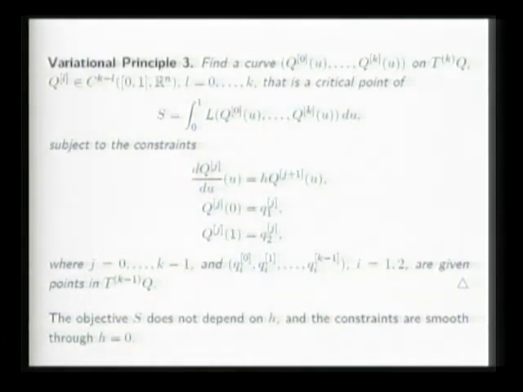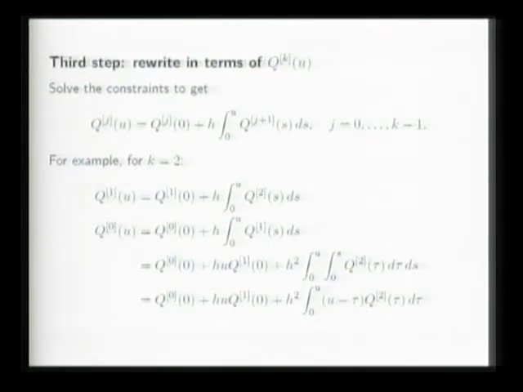So now we're going to integrate this. If the derivative of qj is this one, you just integrate to get qj is the initial value plus h times this. And you can iterate. For example, for k equal to 2, you have q1 is q1(0) plus h times the integral of q2. q0 you obtain by integrating q1, but you had q1 here, so you just plug it in, and you get an integral in terms of q2.